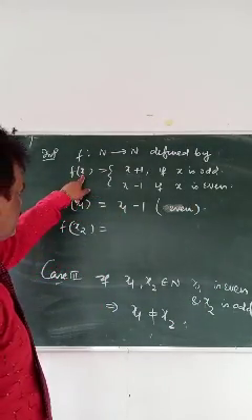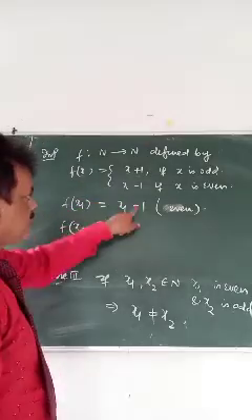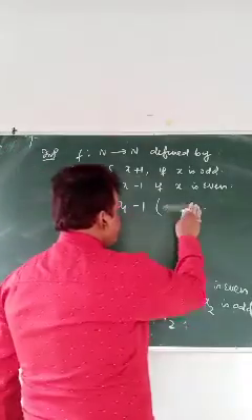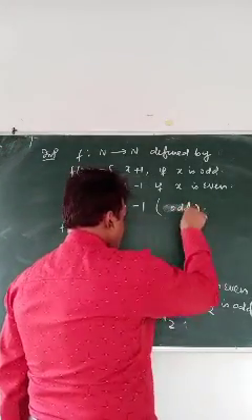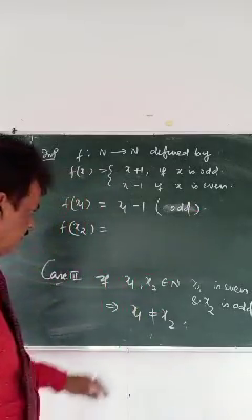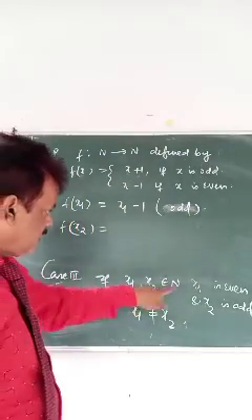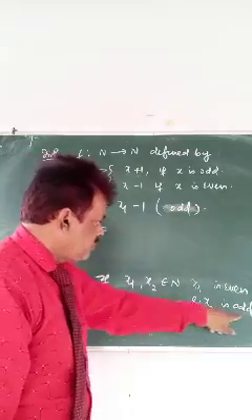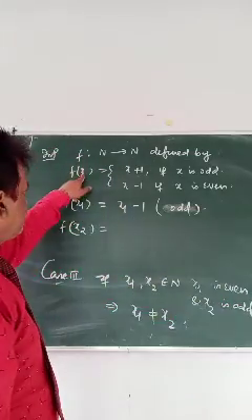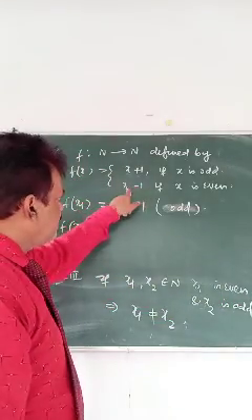If x is even, minus 1 will be odd. What I have taken: x1 is even, x2 is odd. x1 is even means the definition is x minus 1.